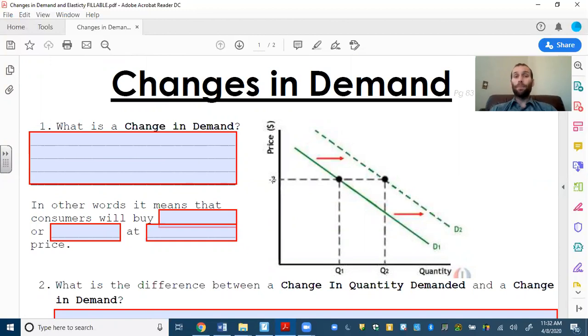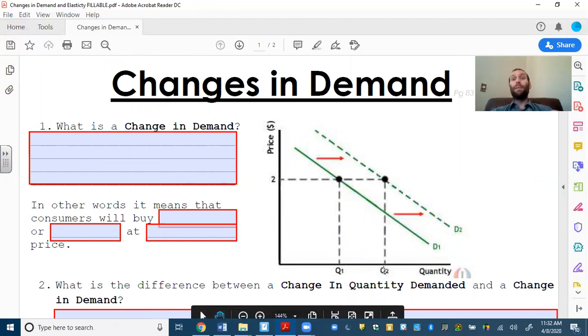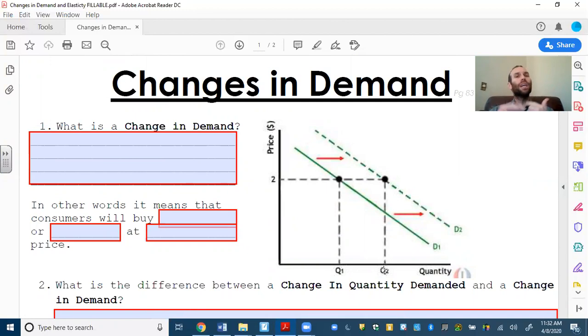So at the same price, at $2, we would go from Q1, which we said was 10, and it would increase to Q2, which could be like 15. That means at the same price, people would have bought 10, but something else changed in the market, and now they're buying 15. So that's what it means to increase demand.